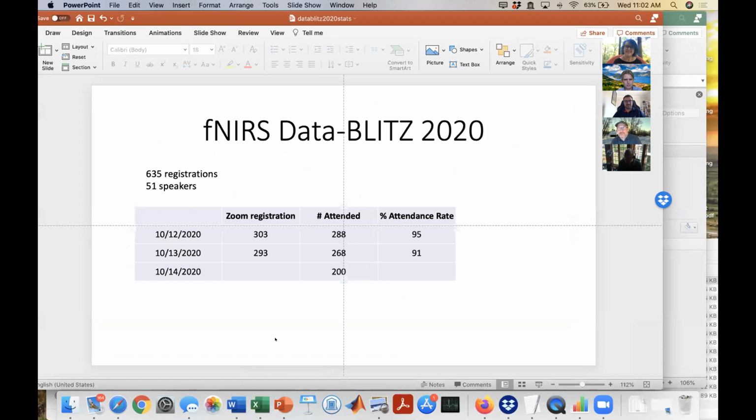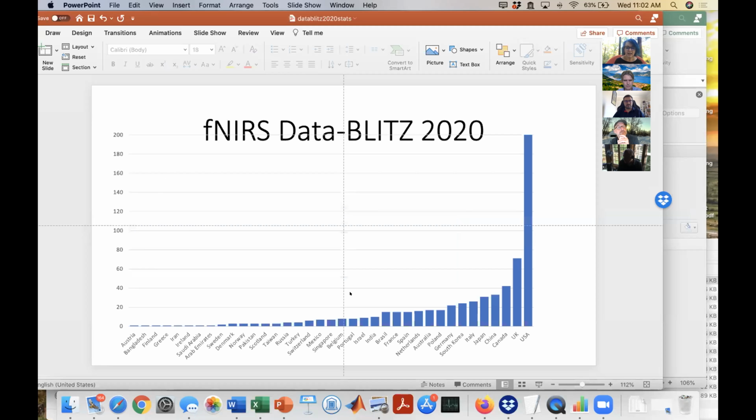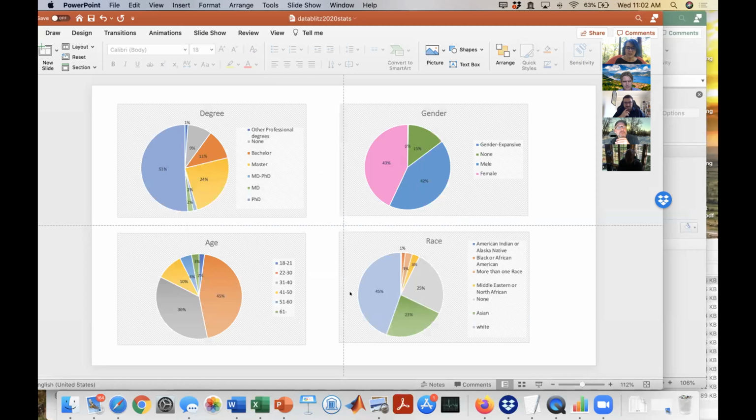So just very briefly, some statistics. We had 635 registrations and 51 speakers. The attendees during the Zoom session were lower than the registrations, but still quite high. The registrations across the world included a lot from the US, but also a lot from Asia and Europe, and from many other countries. This shows that our field is expanding, and many people are interested everywhere.